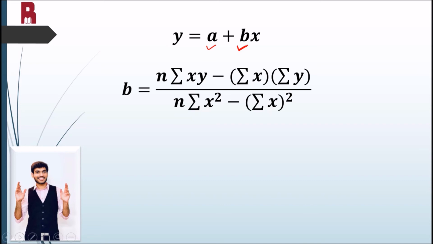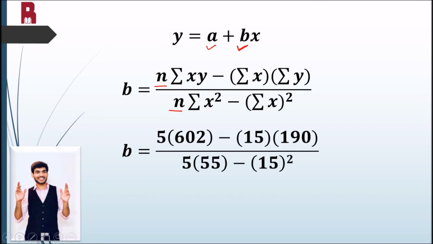Substituting the values, in this case our n is 5 years, so 5 into 602 minus 15 into 190 divided by 5 into 55 minus 15 the whole square. All these values were already calculated by us in the table, so all of these values are coming from the table. Finally getting the value of b, the answer is 3.2.